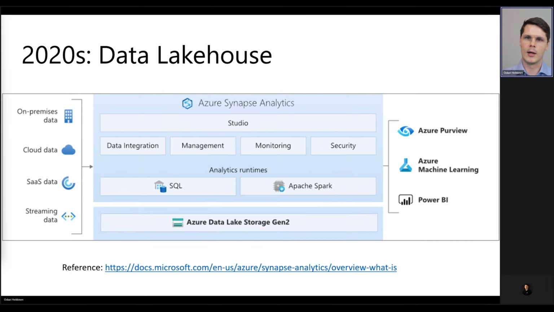What you can see here is quite a lot of the same technology that was already there. You have the SQL engine for your needs that you would traditionally use your relational database for, and then you have your data lake storage and Apache Spark for your big data workloads.